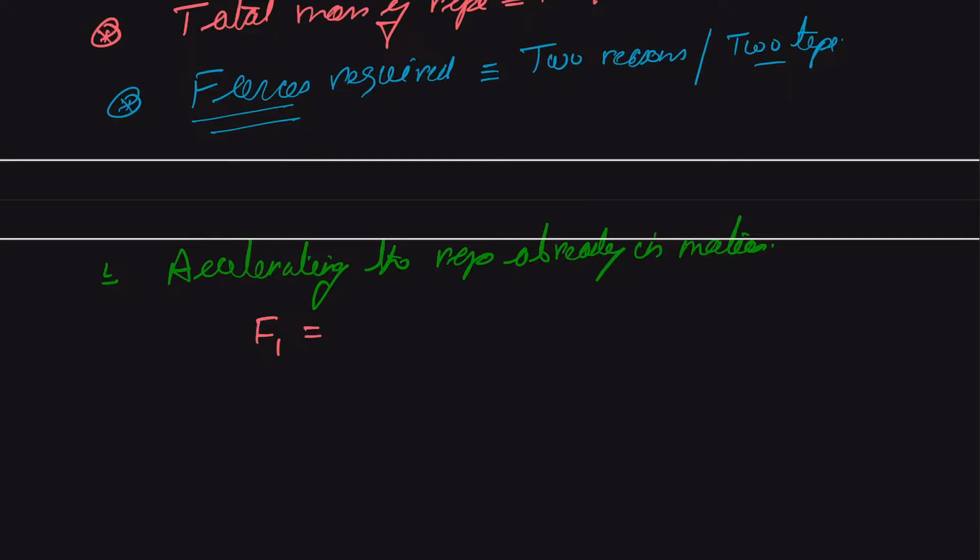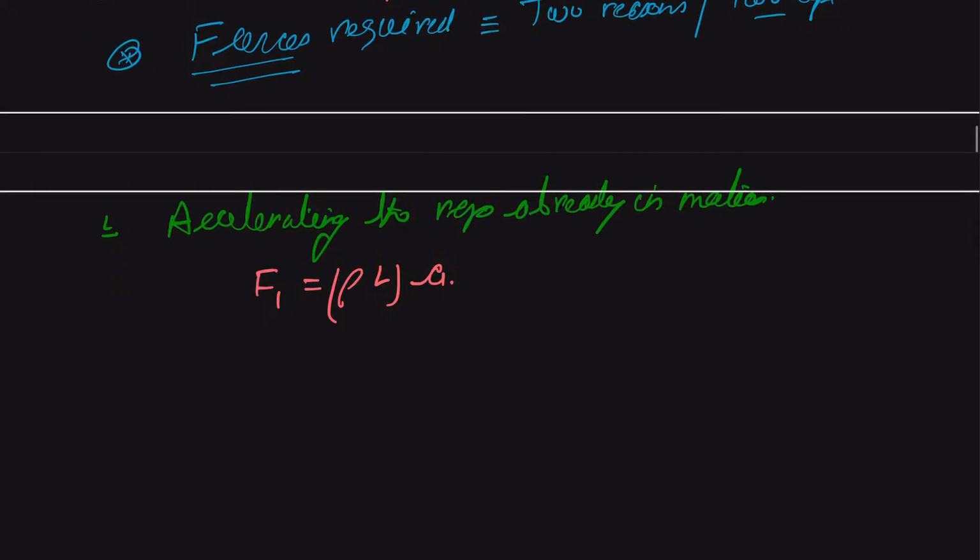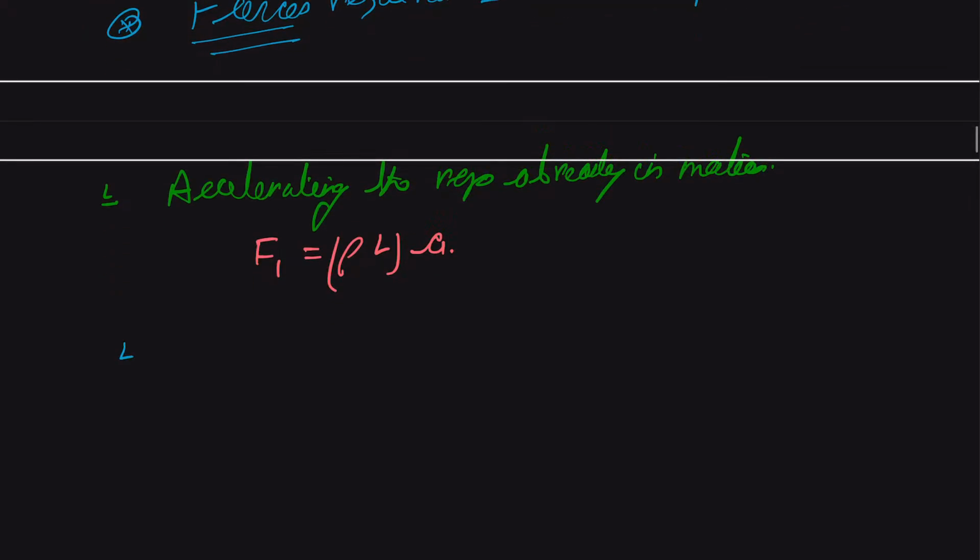So F1 will be equal to our mass, which is rho times L, times acceleration a. And the second force which we are going to find out is the one supplying momentum to the newly moving rope, because the rope will be continuously set in motion.